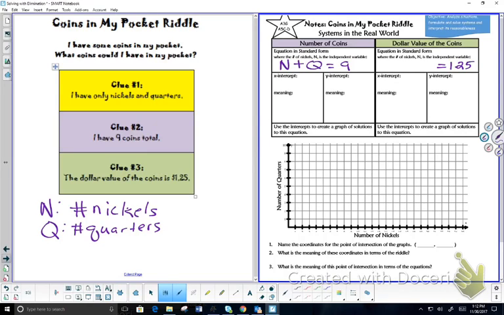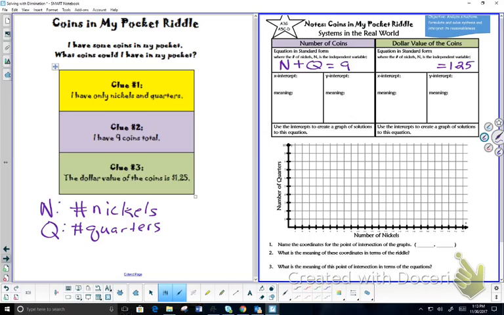N represents the number of nickels. Q represents the number of quarters. What's a nickel worth? 5 cents. Wouldn't you if you were counting nickels? 5, 10, 15.